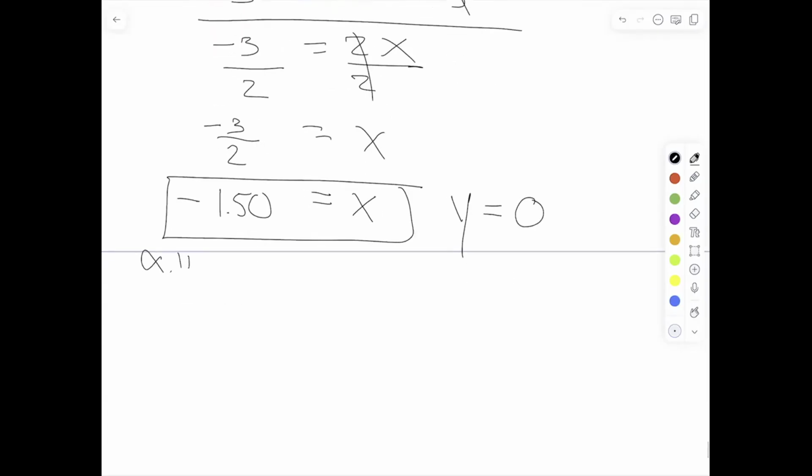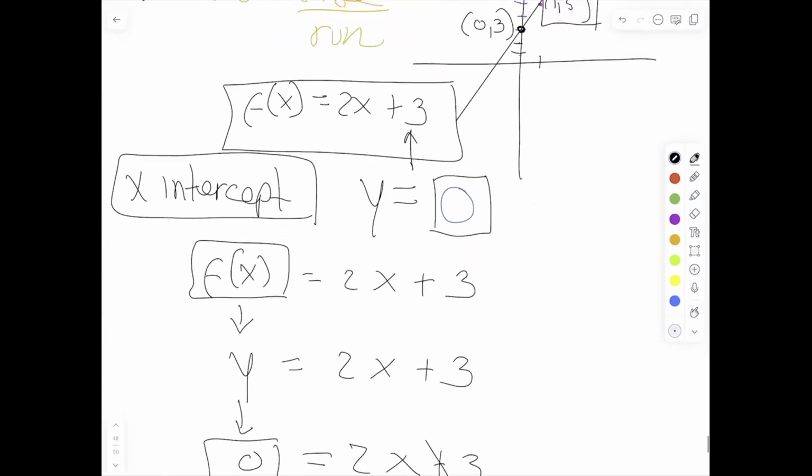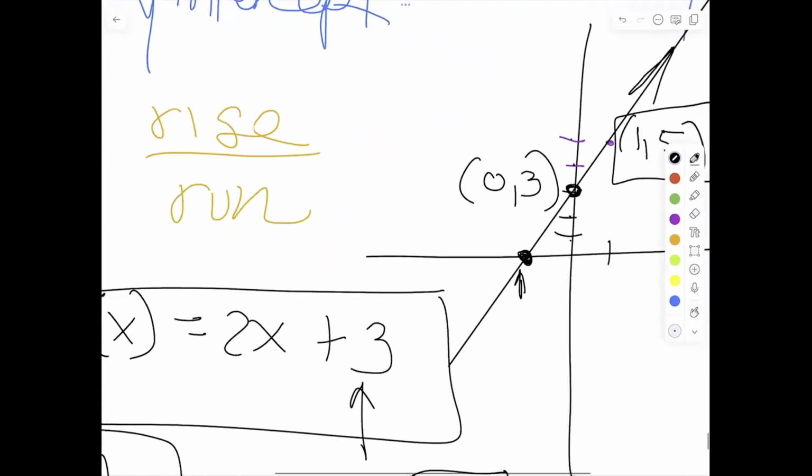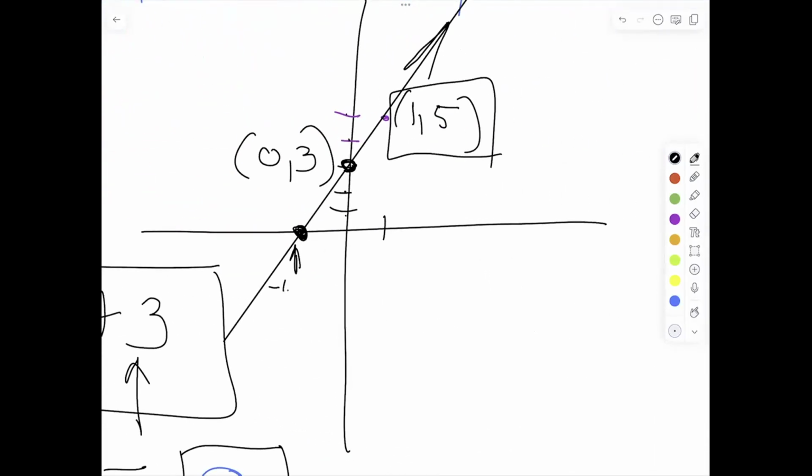So my x-intercept is negative 1.50 comma 0. And if I go to my graph, this value here is, let me zoom in, negative 1.5 comma 0. And this value is my x-intercept.